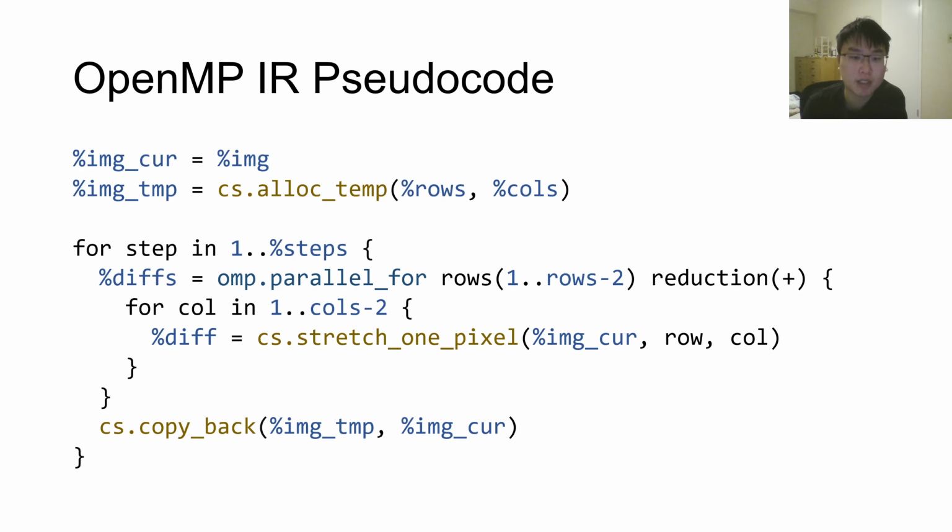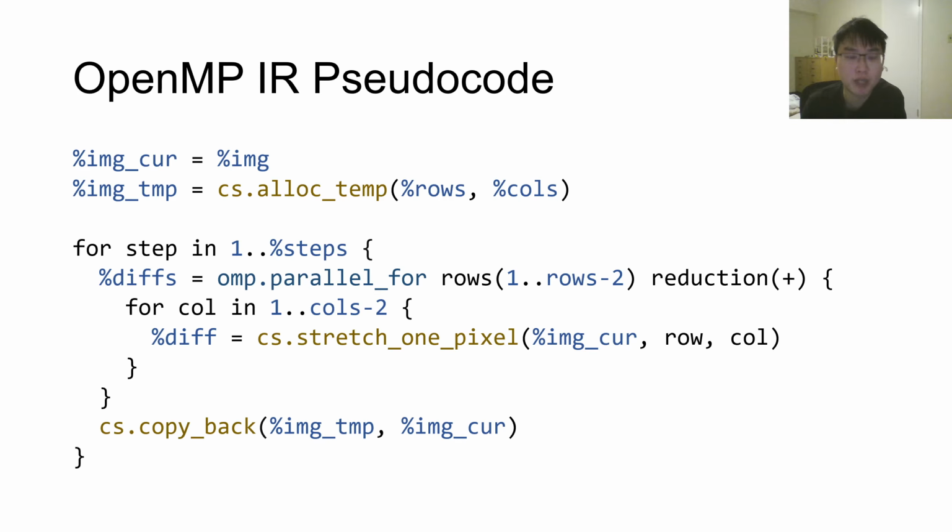On the side, you can see a simplified IR that looks like this. We allocate a temporary image, then for each step we run OpenMP parallel for over the rows and columns, and then finally we call cs.copyback. The details of stretching one pixel are treated as black boxes. What matters is that this work is independent for each pixel and fits naturally into the parallel form.